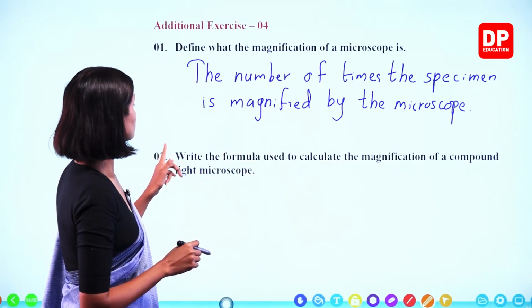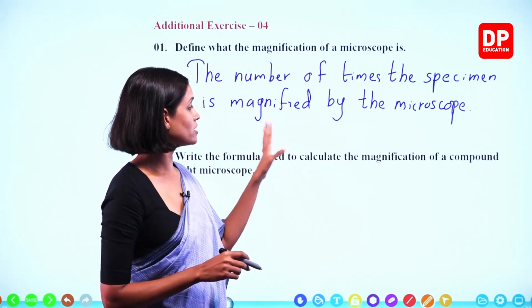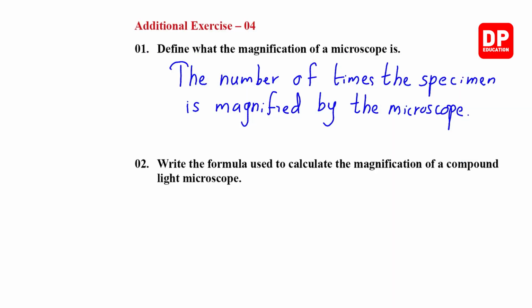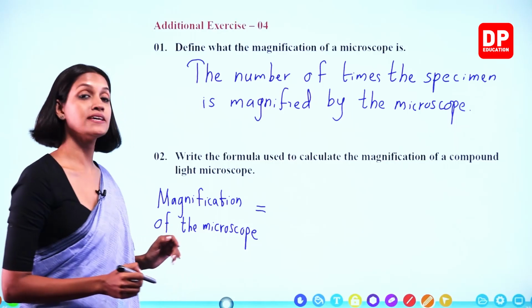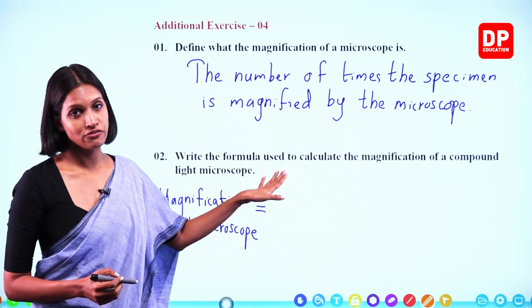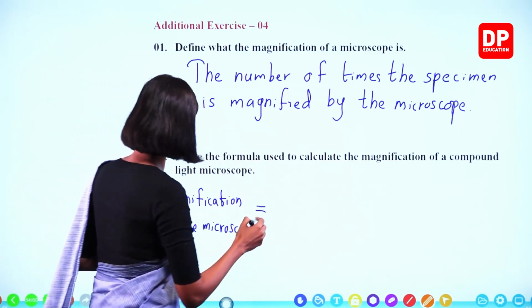Okay? Write the formula used to calculate the magnification of a compound light microscope. Very easy. Magnification of the microscope equals, what is the answer, children?